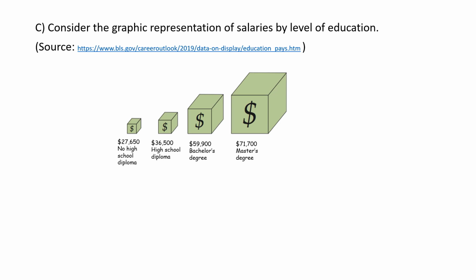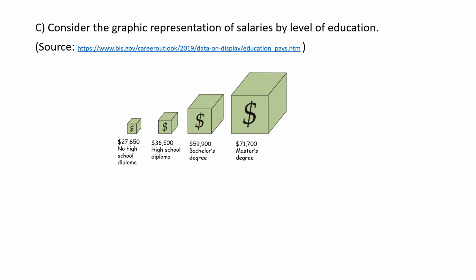Part C. Consider the graphic representation of salaries by level of education. This data is collected from www.bls.gov. Look at this data. For no high school diploma, the annual average salary is $27,650.